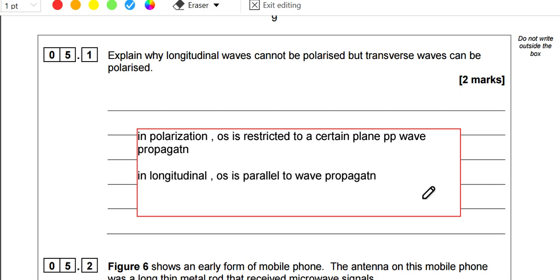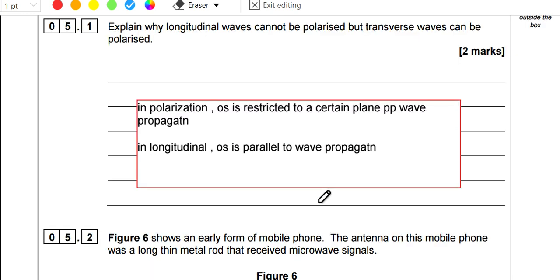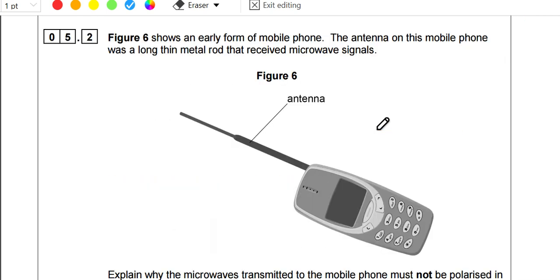In polarization, oscillation is restricted to a certain plane that is perpendicular to wave propagation. In longitudinal waves, oscillation is parallel to wave propagation, so we cannot restrict it to a plane perpendicular to propagation.